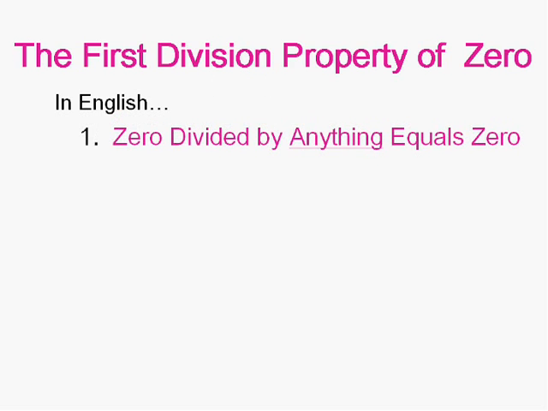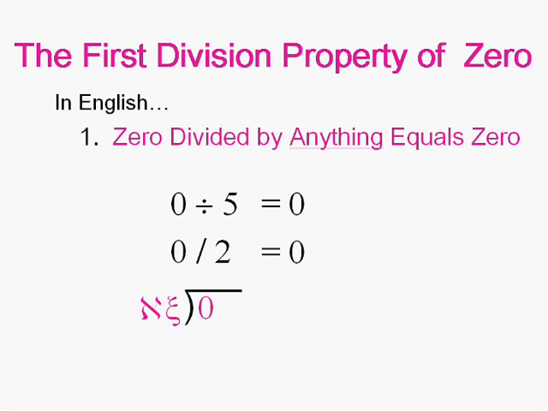Now the first division property of 0 in English is very simple also. 0 divided by anything equals 0. So 0 divided by 5 equals 0. 0 divided by 2 equals 0. 0 divided by anything is 0.